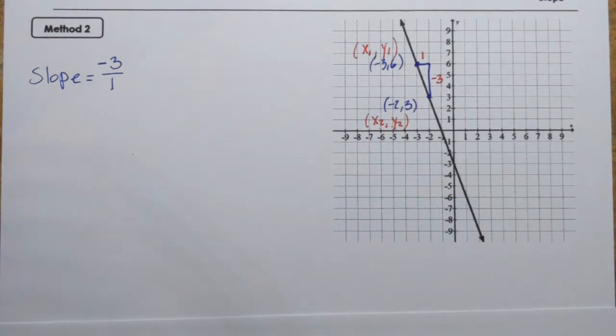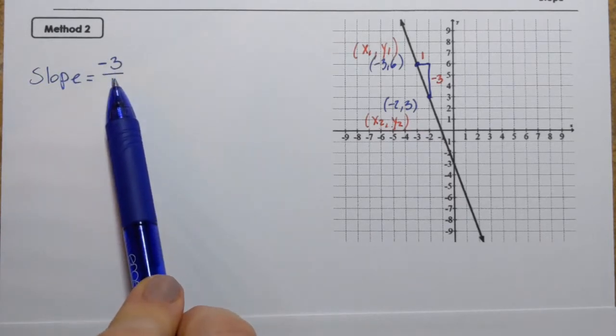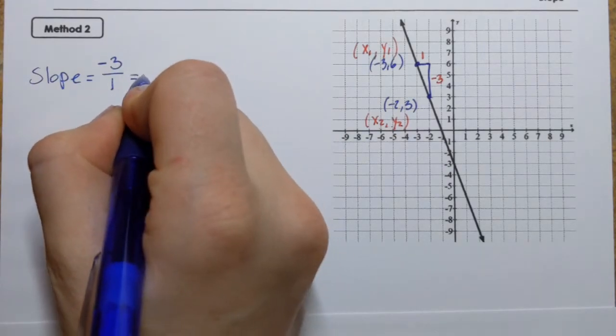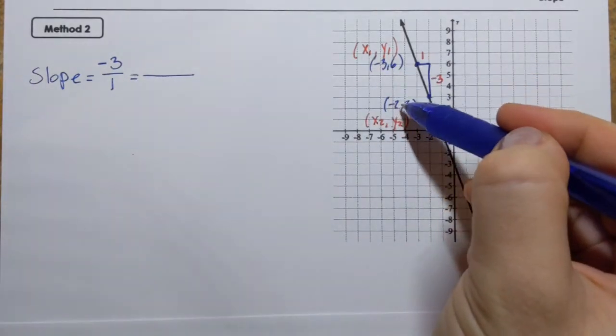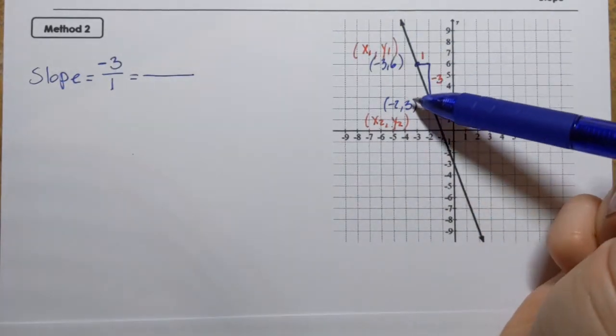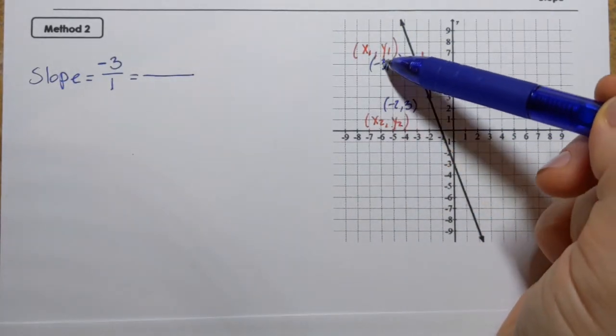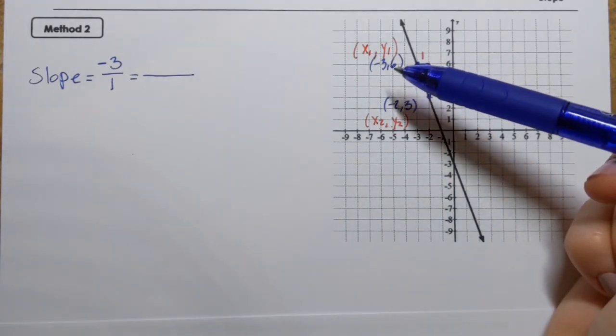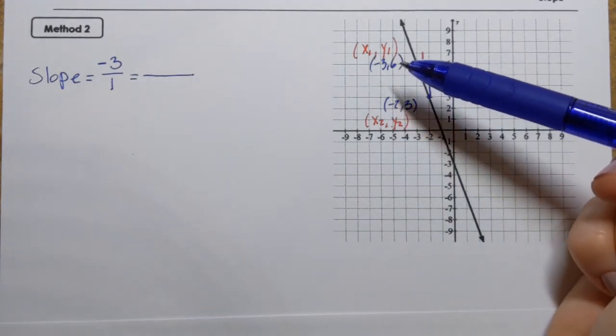So here's my question. How can I find the same numbers as I had for the slope, -3 and 1, by manipulating the coordinates of the points? So -3, how can I put together the coordinates of these points to get -3? I have an x coordinate and a y coordinate, so which one should I look at?